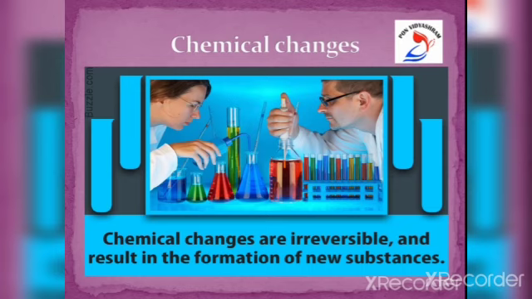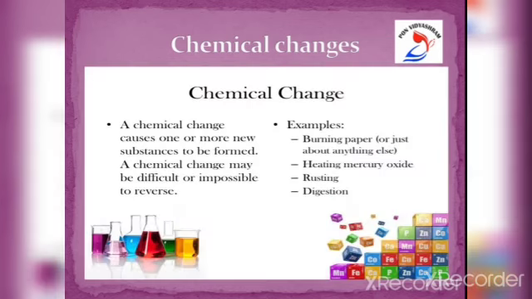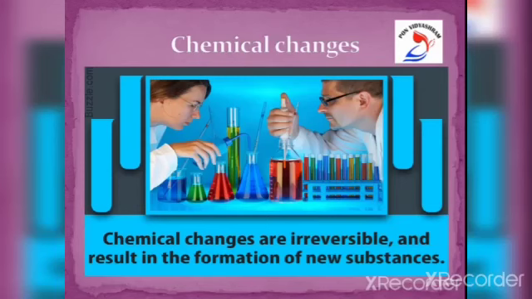The change from reactants to products is signified by an arrow mark. The formation of gas bubbles is often the result of a chemical change. A chemical change might also result in the formation of a precipitate, such as the appearance of a cloudy material when dissolved substances are mixed.